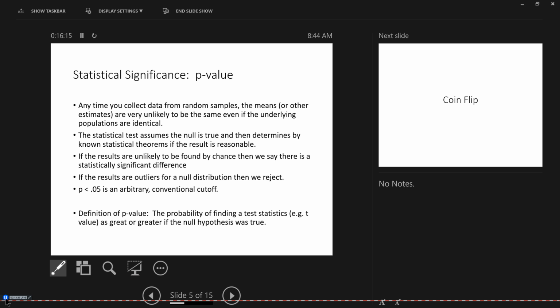But you're going to get some number other than that. And it's going to follow a distribution like this. So if the coin is fair, it's going to be mostly 0.5. But the probability of the actual data that you get might be that 40% of the coin flips were heads.